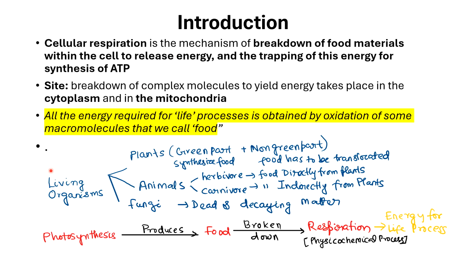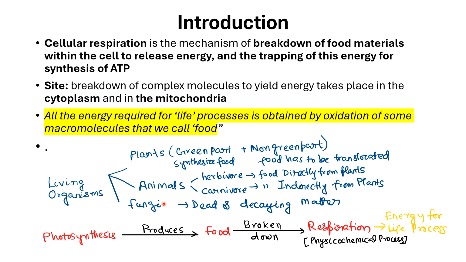Now, we all know that living organisms, be it plants, animals, or fungi, need food for their survival. Even plants which can make their own food have non-green parts to which food must be translocated. In animals, we have herbivores, which feed on plants, carnivores, which feed on animals, and fungi which feed on dead and decaying matter.